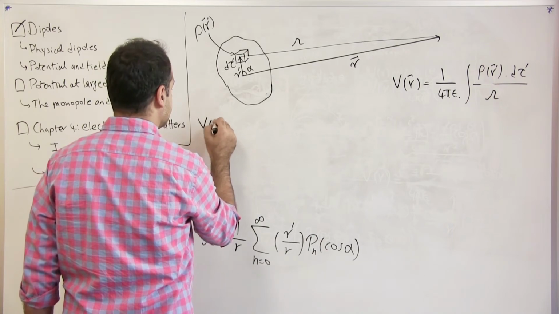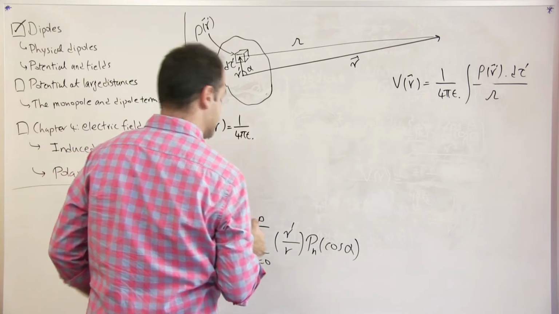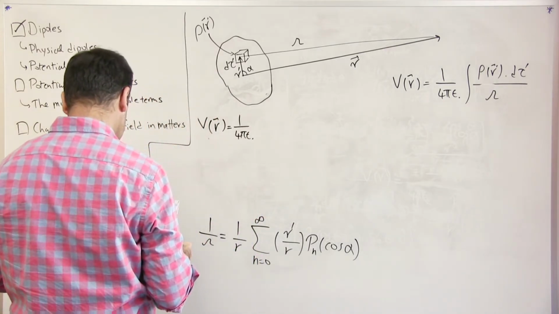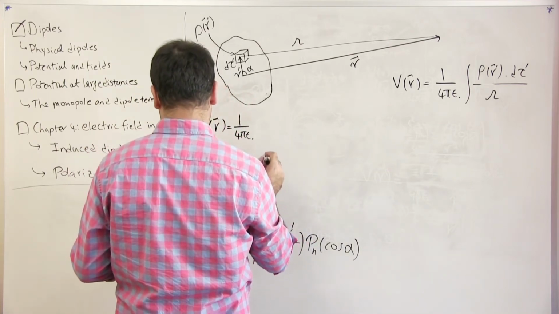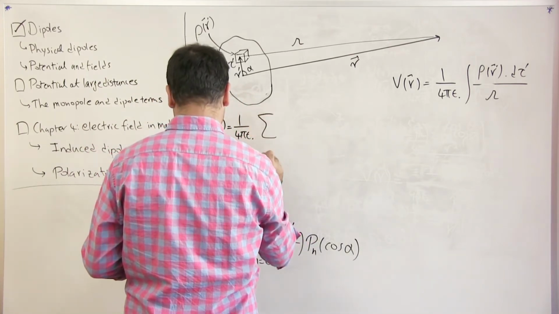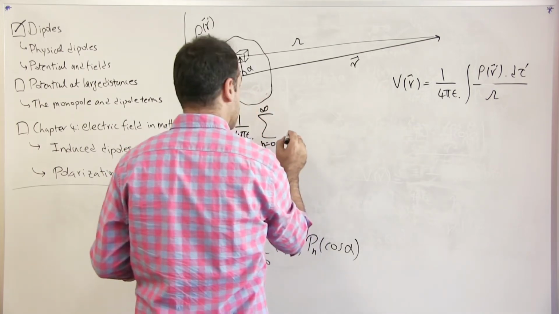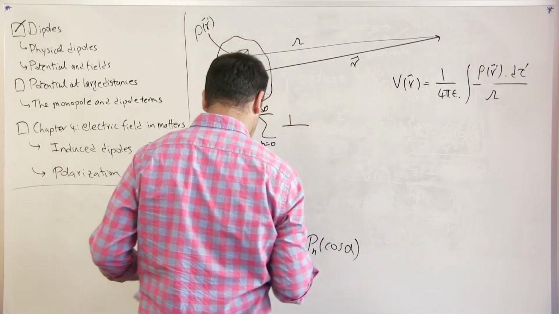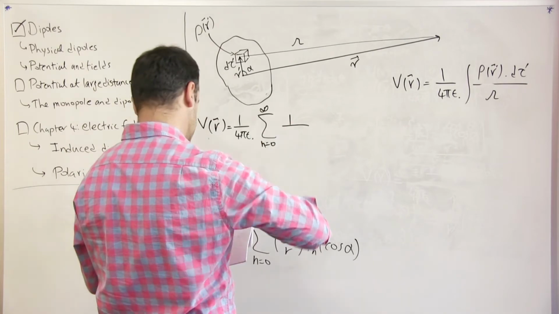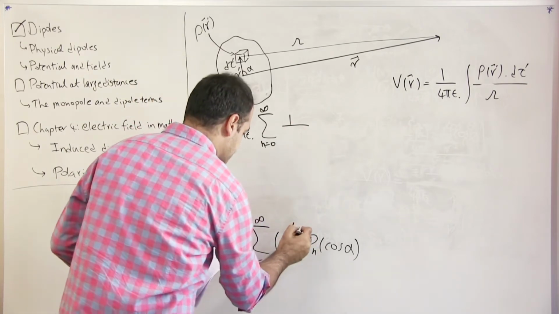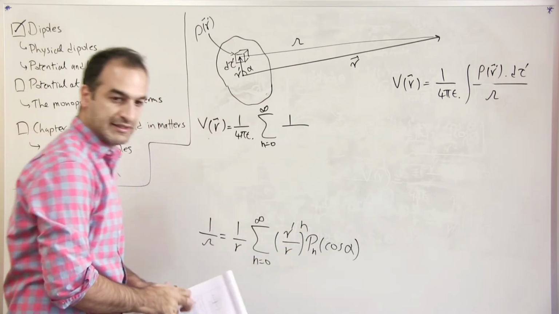We have V of r, which is 1 over 4 pi epsilon 0, and then we have the summation from 0 to infinity of, by the way, I missed the exponent n here. This is r prime over r to the power of n.